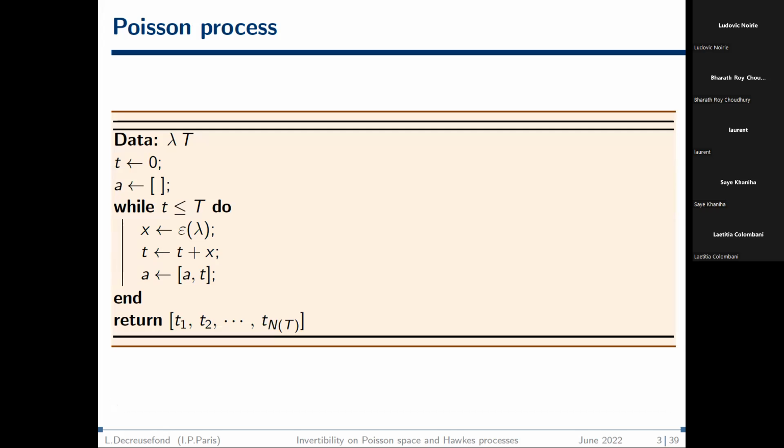You have an empty list, and while little t is less than capital T, you draw an exponential, and you add it to the current time t, and then you append the time t to the list A. In the end you get T1, T2, and so on. That means all the arrivals, all the times before time capital T. Okay.